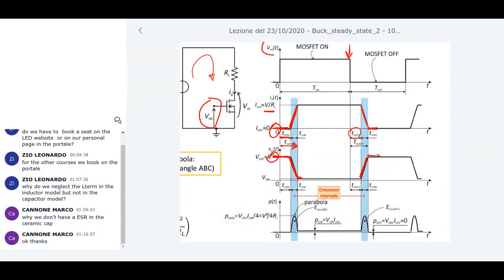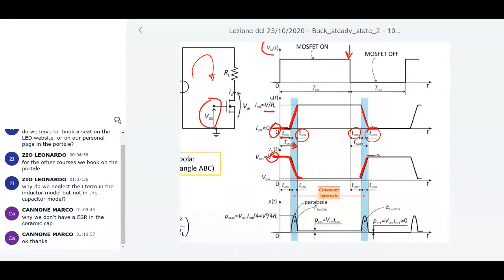Now, what happens in that situation? We have a TD on, which is the delay time to make the transistor conduct, and TD off, the delay time to make the transistor get into interdiction. Then you have a time interval, in this blue region, which is called TC on and TC off, where C stands for crossover, in which both the current and the voltage across the MOSFET are different from 0.